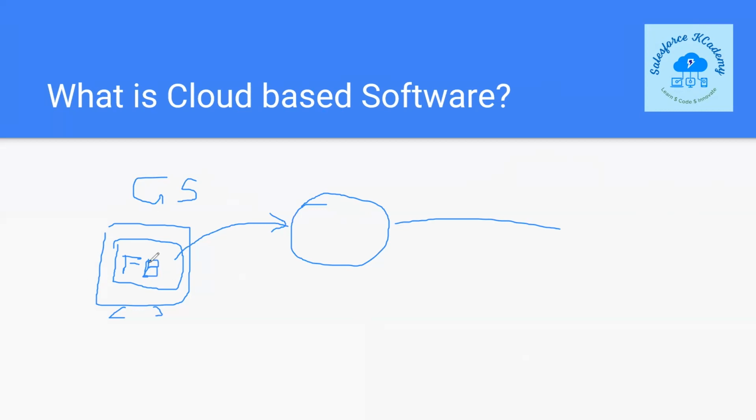Once you open that, you'll be typing the URL for Facebook. So there will be a request sent to the internet that I want to open Facebook in my laptop or mobile. Now, this internet will send the request to some other machine.